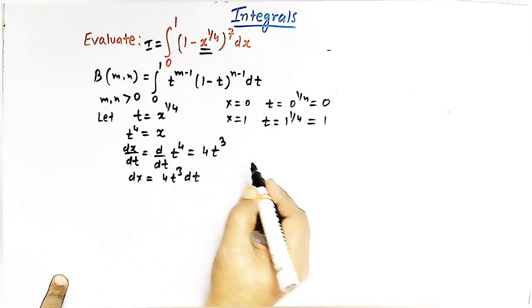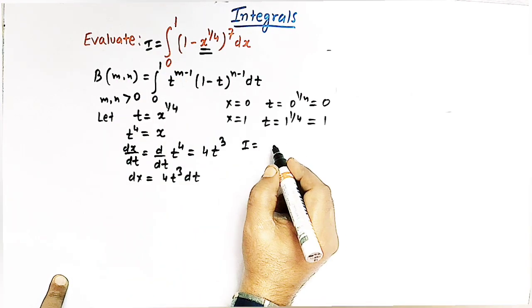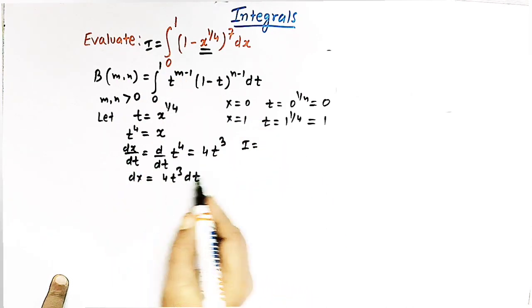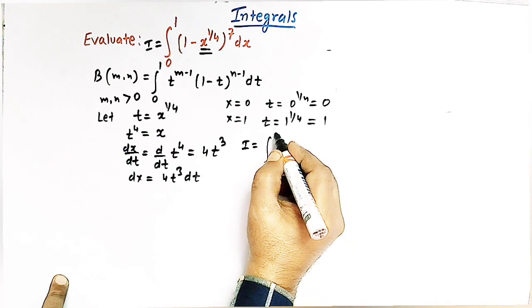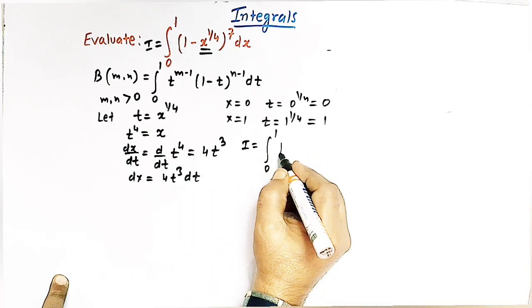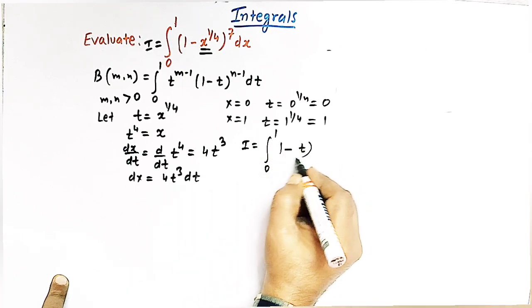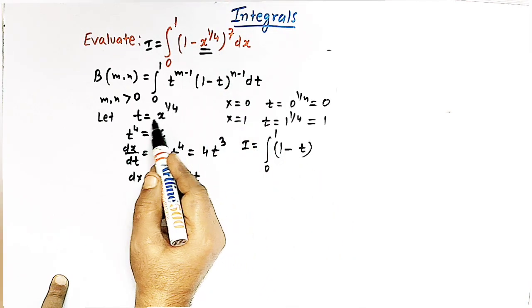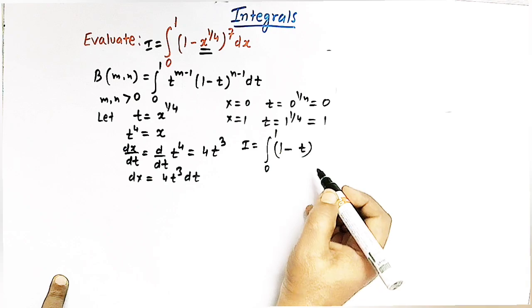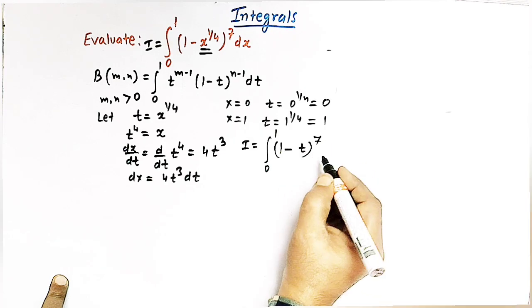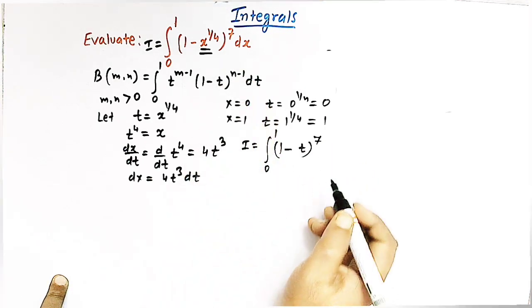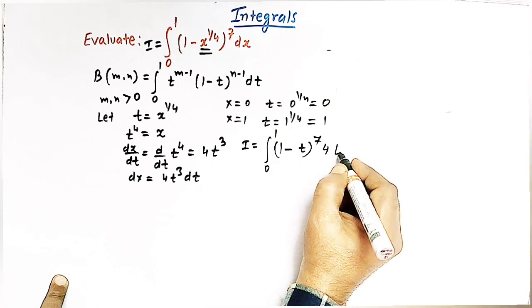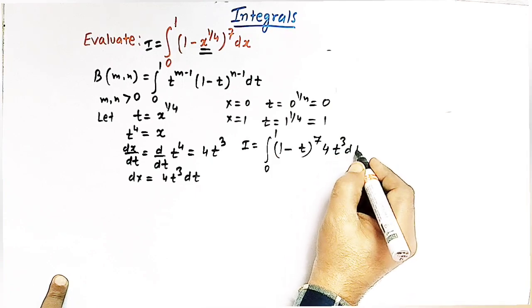So now this integral I can be written in terms of t as 0 to 1, and we have (1 minus t), because x raised to 1 over 4 is assumed to be equal to t, and we have here the power 7, and for dx we can write 4 t cube dt.